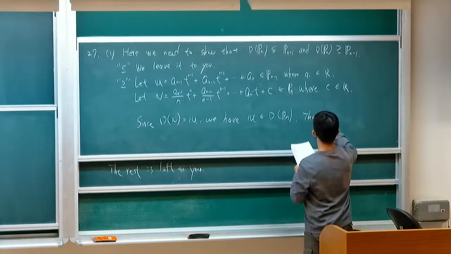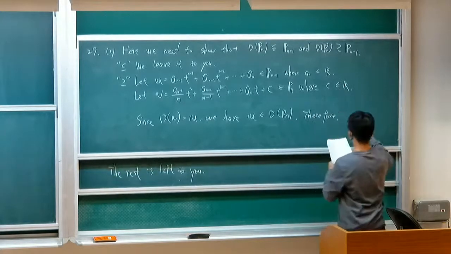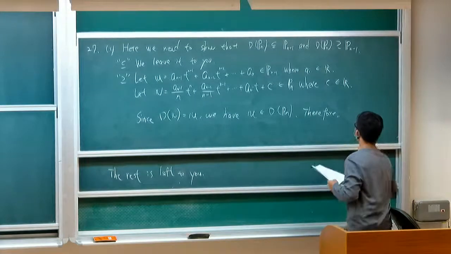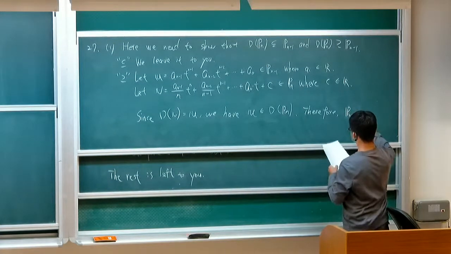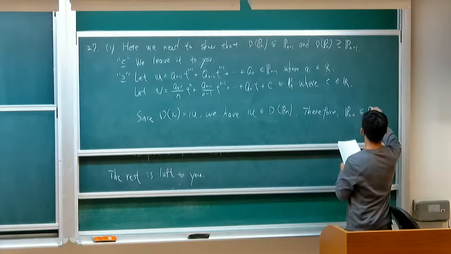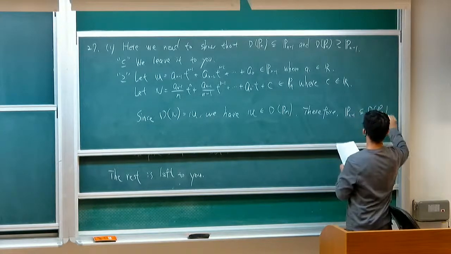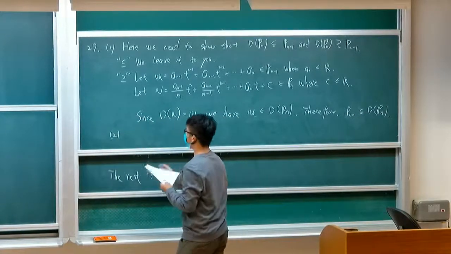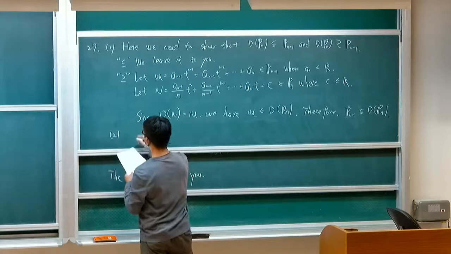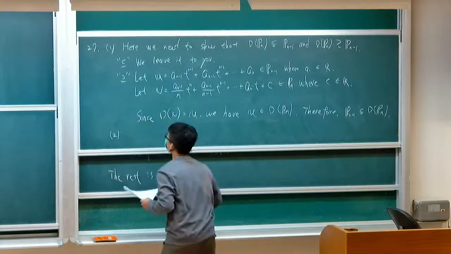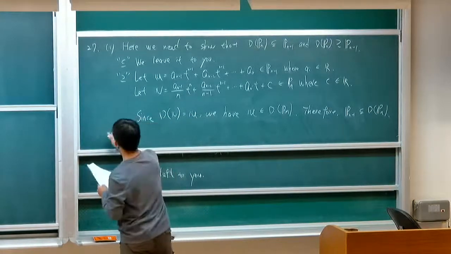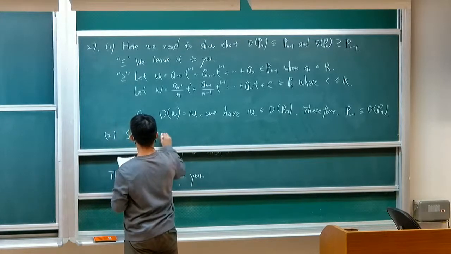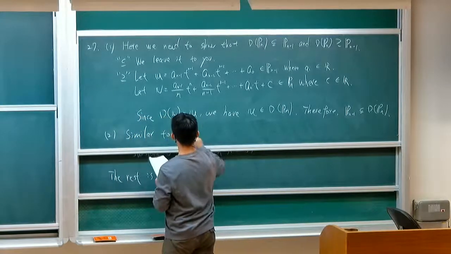Therefore, Pn minus 1 is a subset of D of Pn. The second part of this exercise is very similar to the first part. So again, I will leave it to you. Similar to 1.